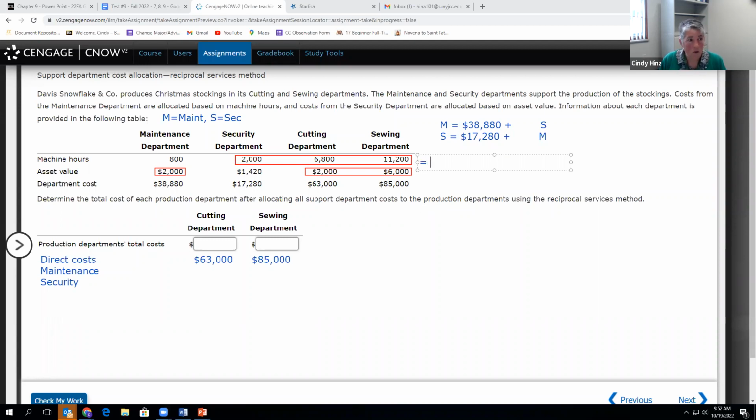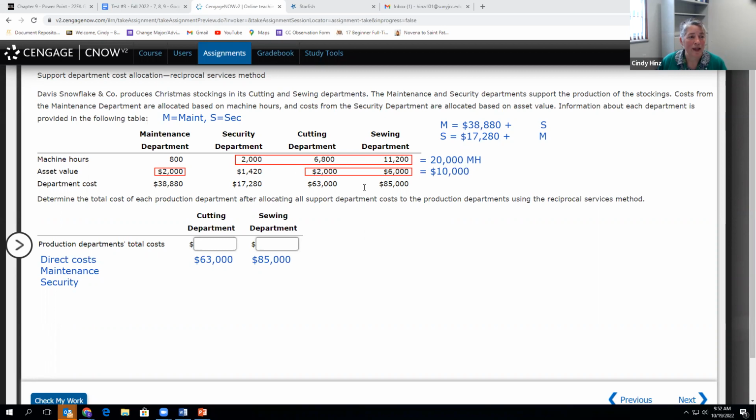So to find the total machine hours that we're using for the allocation, 2,000 plus 6,800 plus 11,200 is 20,000 machine hours. And then the total relevant asset value is, sometimes I find myself plugging things into my calculator, it's just faster to add them in your head, 2 plus 2 plus 6 is $10,000 in asset value.